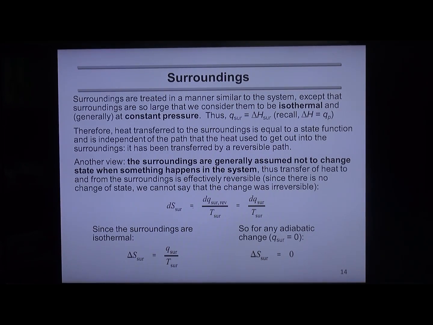Very simple, right? So we use the same expression for the calculation of entropy for system and surroundings, but for surroundings it gets much easier because surroundings are considered really large.